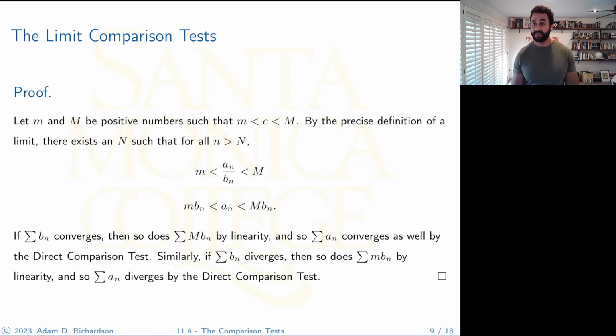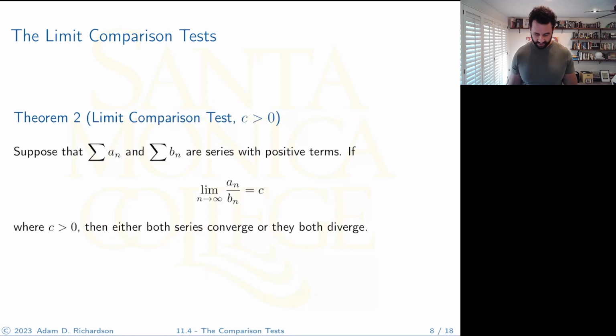Now, by the precise definition of a limit, there exists a capital N such that for all little n greater than capital N, this result is true. This is by the precise definition of a limit, because again, we're assuming that this is true. This is the hypothesis, right? So if this is true, then these things must both have the same behavior.